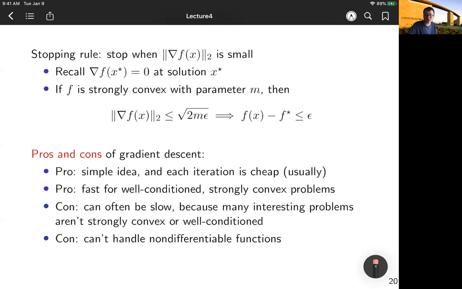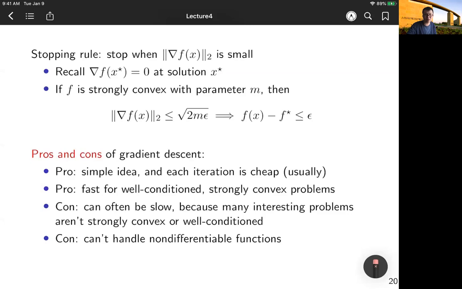Similarly, if a function is M strongly convex, then its conjugate is 1 over M smooth. That's very elegant. You will see a little bit of that in the homework, where you can see the symmetry between these two conditions, and that will help you build the intuition towards understanding duality and how the conjugate works and how to convert one to another.